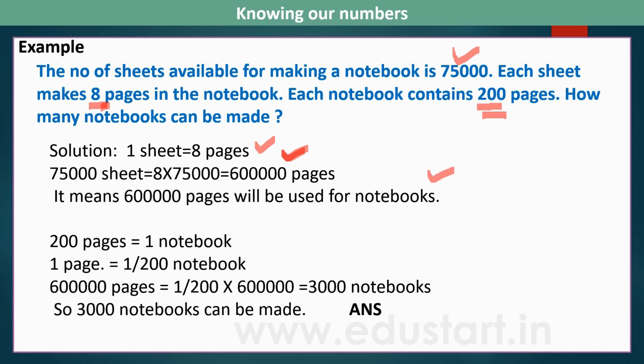Now 200 pages is equal to 1 notebook. So 1 page is equal to 1 by 200 notebook, and 6 lakh pages is equal to 1 by 200 into 6 lakhs. So it means that it is 3,000 notebooks. Basically this is nothing but 75,000 into 8 divided by 200. So 3,000 notebooks can be made. I think this is clear.